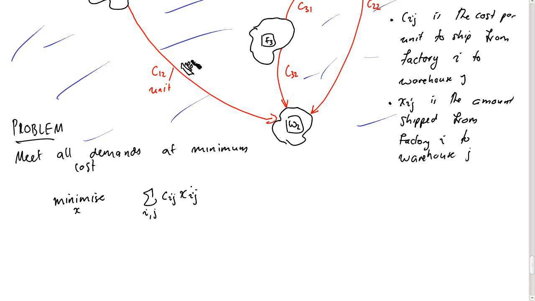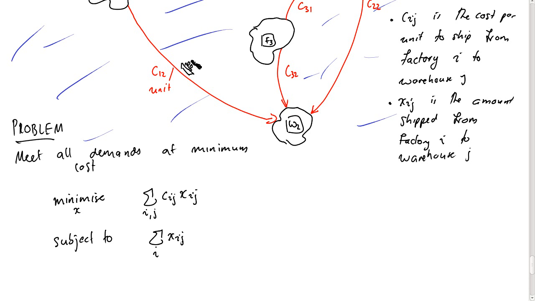My variables that I'm trying to set are the amounts x, the amount that factory 3 is going to ship to warehouse 2, etc. That's the thing I've got some control over. Subject to some constraints, basically supply and demand. So we need to make sure that for each warehouse, the sum, that's the amount that gets shipped in to warehouse j.